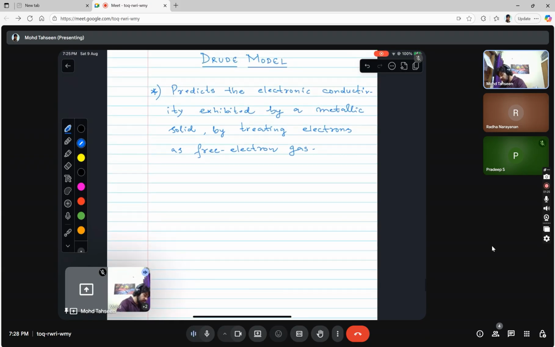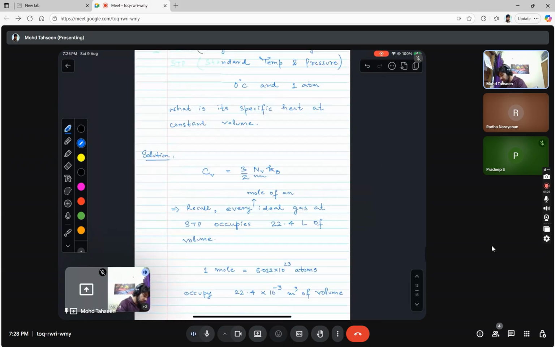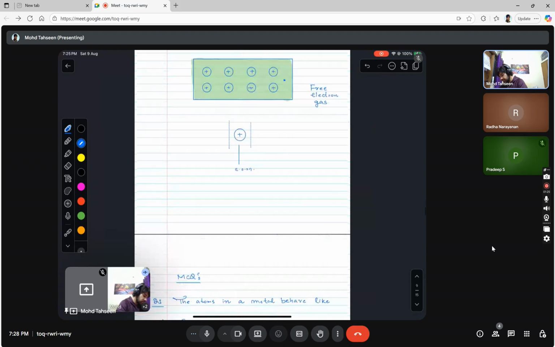So we saw that this is the situation inside a metallic solid.